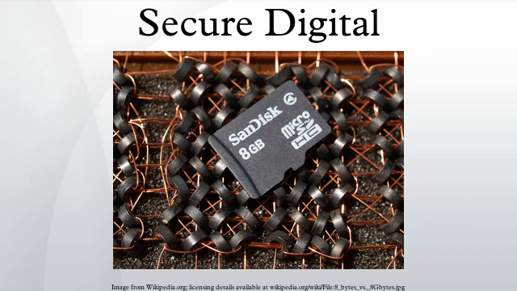SD version 1.00 assumed 512 bytes per block. This permitted SDSC cards up to 4096 × 512 × 512 = 1 GB, for which there are no known incompatibilities. Version 1.01 let an SDSC card use a 4-bit field to indicate 1024 or 2048 bytes per block instead.